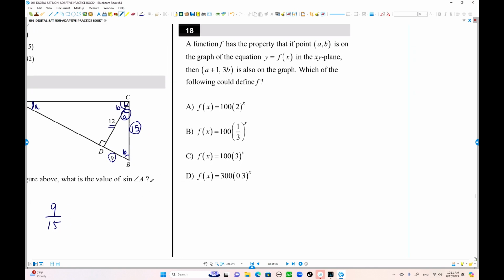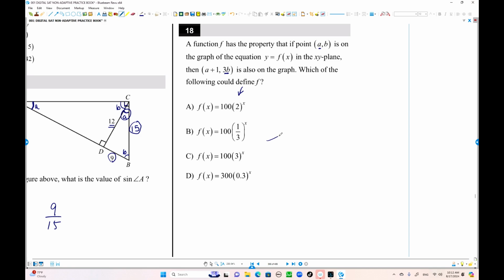A function f has the property that points A and B are on the graph. Another point, A plus 1, increased by 1 over here, but y increased 3 times, is also on the graph. When you look at the options A, B, C, they are exponential, and the function must be an exponential function. When x increases by 1, y becomes 3 times.